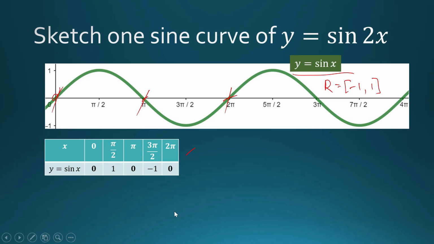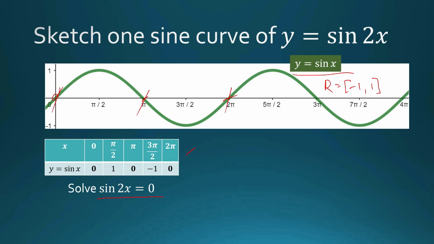So from y is equal to sine of x, let us now sketch the graph of y is equal to sine of 2x. The first thing to do is to look for the x-intercepts. Where and when is sine of 2x equal to 0?